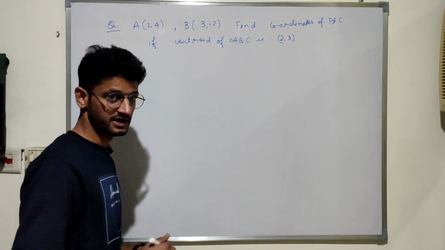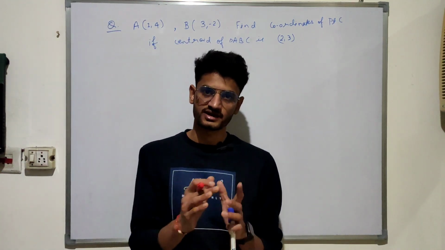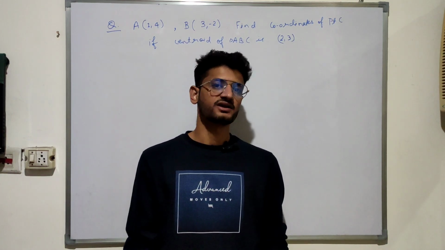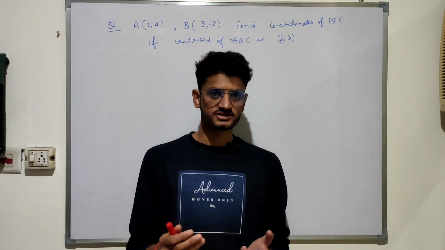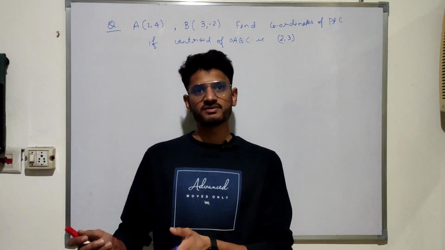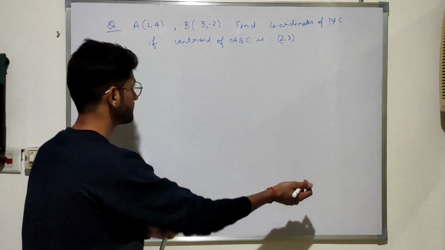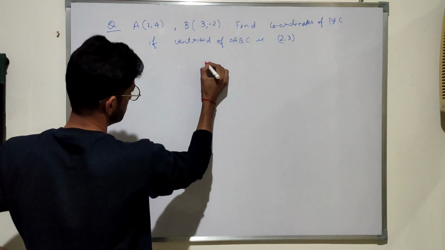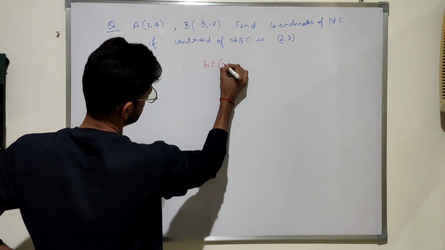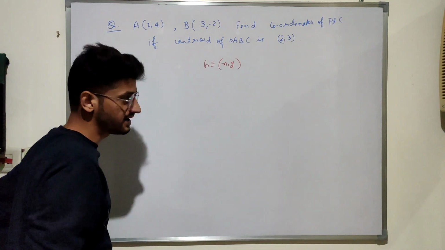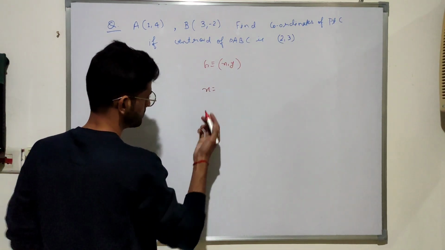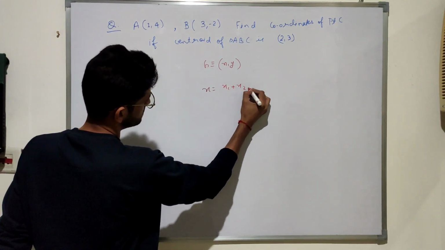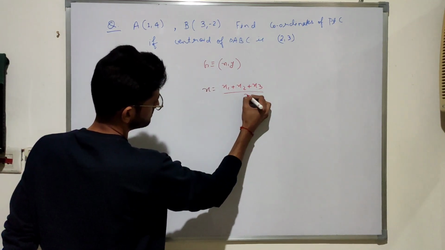So as of now, we have seen that if we have points A, B and C of a triangle ABC with coordinates (x1, y1), (x2, y2), (x3, y3) respectively, then we can write the coordinates of the centroid as (x1 plus x2 plus x3) upon 3, (y1 plus y2 plus y3) upon 3. So we will apply the same result here. If G is a centroid with coordinates (x, y), then we can write x is equal to (x1 plus x2 plus x3) divided by 3.